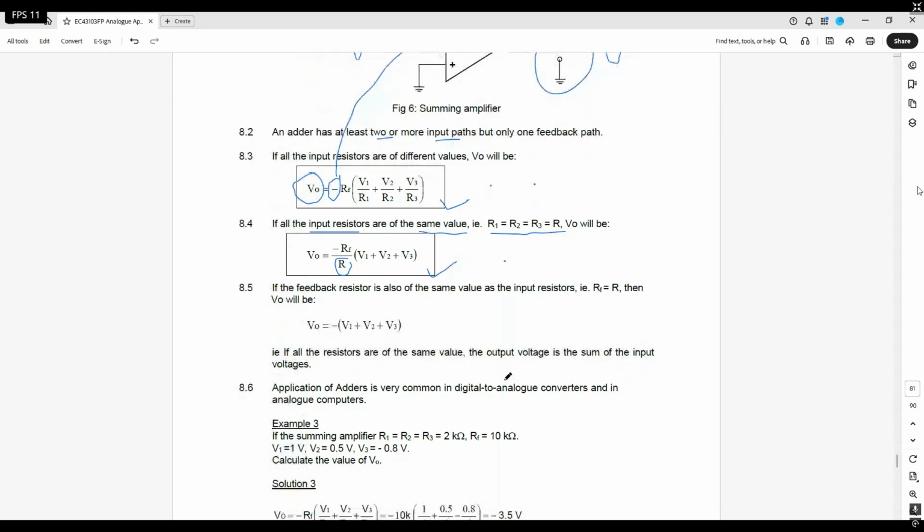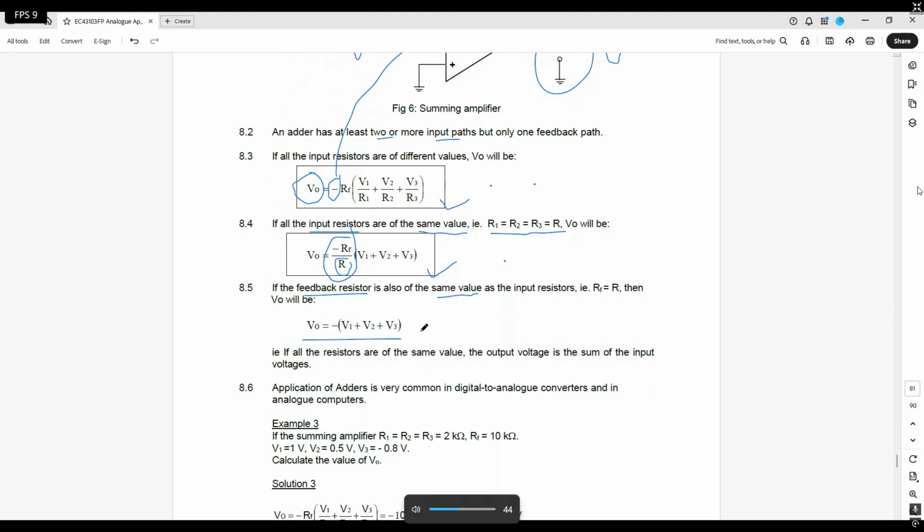One more condition: what if the feedback resistor is also the same value as all the input resistors? Then this part becomes 1. That's how you get Vo equals minus the bracket V1 plus V2 plus V3.